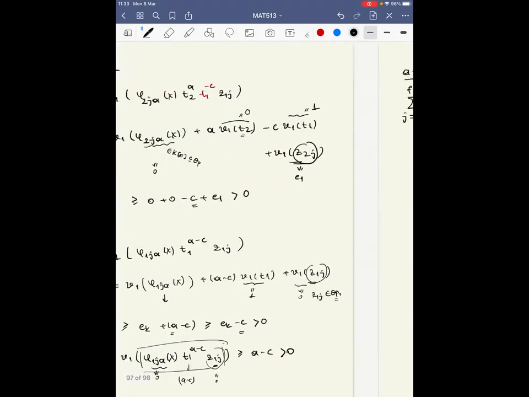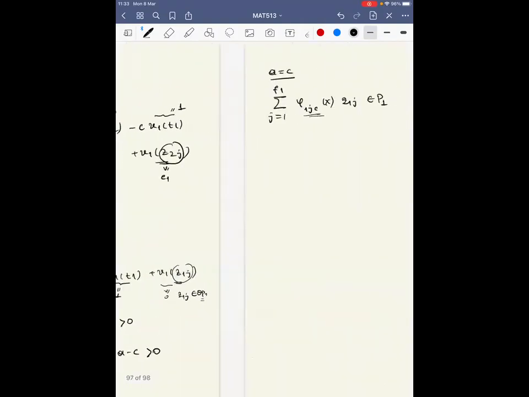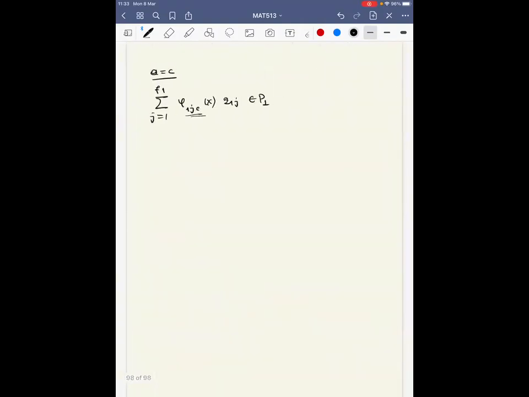Since all these terms in the summand belong to pk, when a is equal to c, this term should also lie in p1. And here also, let me note that the evaluation of this polynomial at p1 belongs to k, and is not divisible by x. So that means it does not have a zero at p.